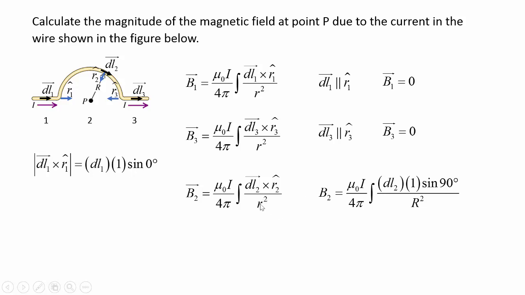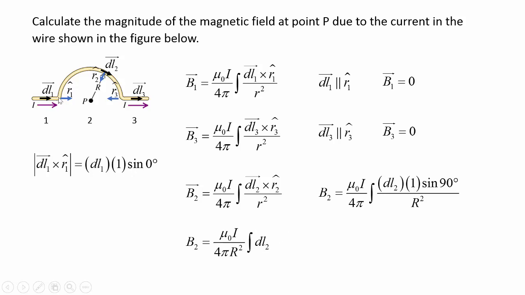And this r represents the distance from the path segment to the point where we calculate the magnetic field, and in this case is nothing else than the radius of this curved segment. So I replaced it with the radius squared here. Sine 90 is 1, and the only thing that I have left under the integral is dl2.